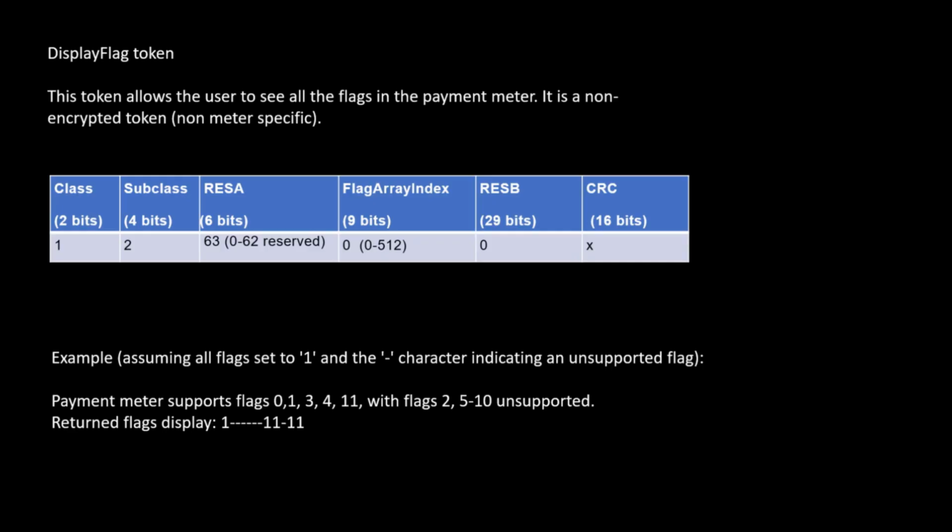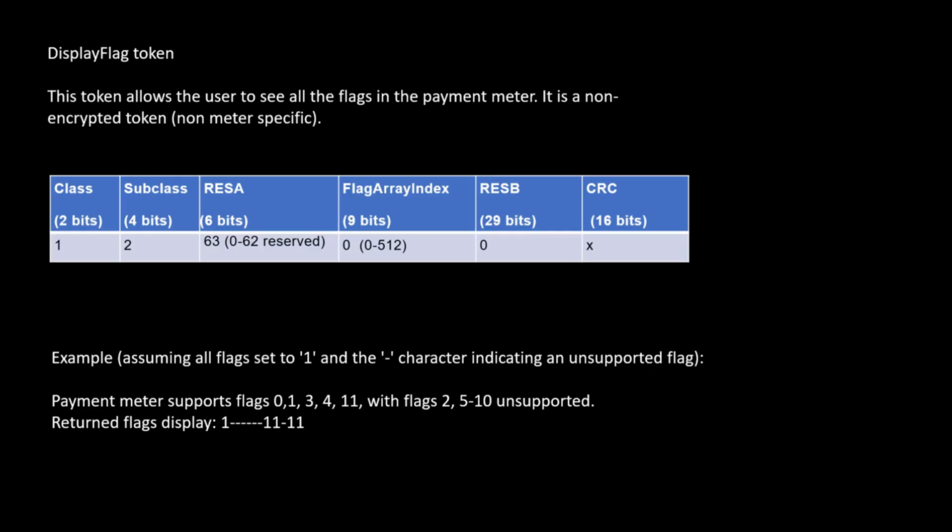So assuming all the flags are set to 1 and the dash character indicating an unsupported flag, then the payment meter, if it supports flags 0, 1, 3, 4 and 11 with flags 2 and 5 to 10 unsupported, then the display will return 1 and then 6 dashes, an 11, a dash, and then an 11, or 1, 1 in other words.